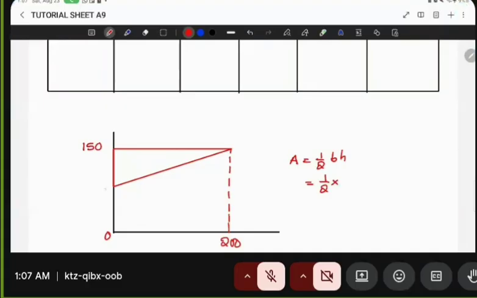Yeah, it can be 200. That's fine. And what would be our H? 50. Good.